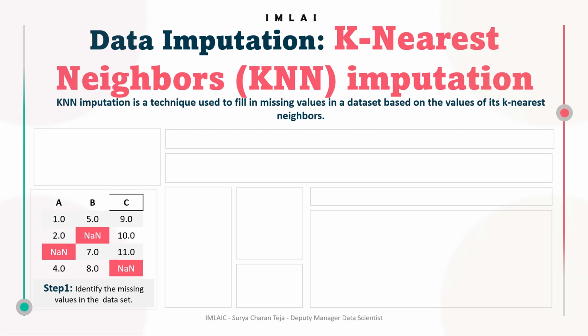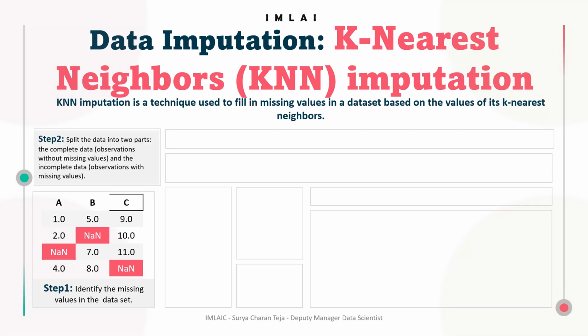Now, step 2. Once you have identified the incomplete data, step 2 is to split the data into complete and incomplete data sets. The complete data are the observations that do not have any missing values, while the incomplete data are the observations that have at least one missing value.